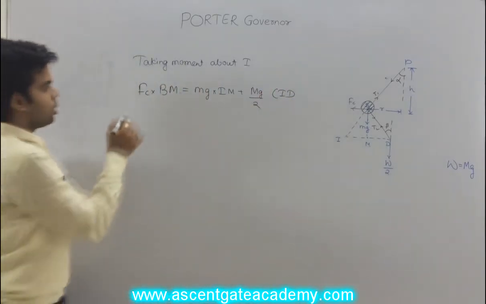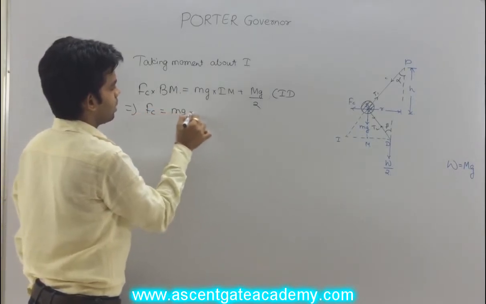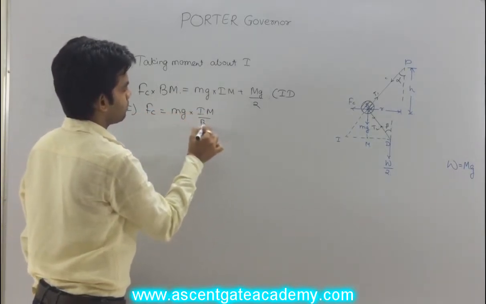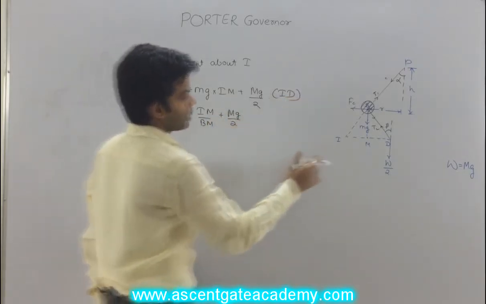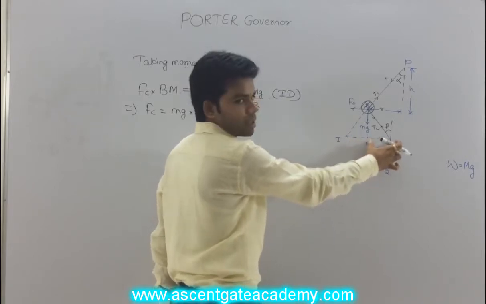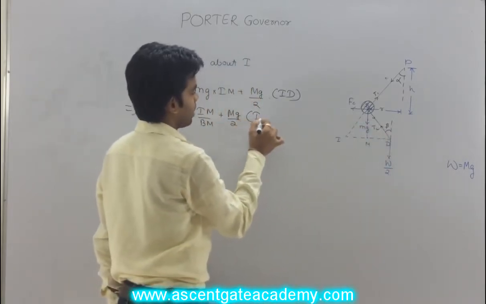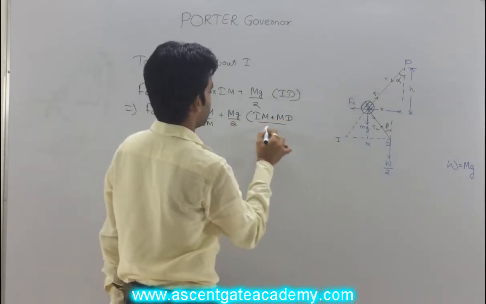Getting this now? Or this can be written as Fc is equal to mg into IM upon BM plus capital Mg by 2. Now what is this ID? This ID can be further written as IM plus MD. So this will be IM plus MD upon BM.